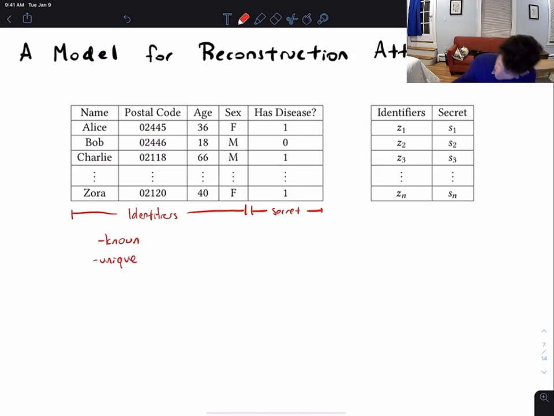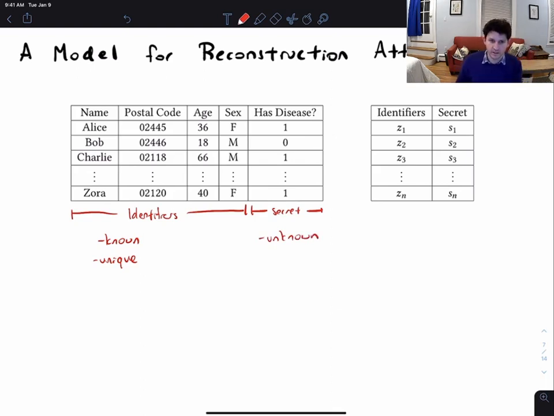Both of these assumptions can be relaxed, but it'll just make our life easier if we think of these as known. So an attacker knows this information about you, and unique. So nobody has the same first name and lives in the same postal code and has the same age in years and sex. On the other hand, we'll think of the secret as unknown, and the attacker is trying to reconstruct this secret.